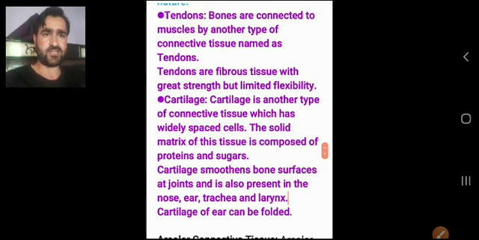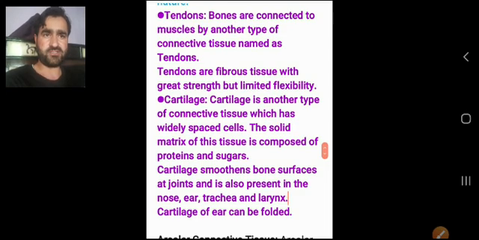Cartilage is another type of connective tissue which has widely spaced cells. That's why you will see that cartilage smoothens bone surfaces, because the cells are widely spaced. It gives it a sort of softness. The solid matrix of this tissue is composed of proteins and sugars.